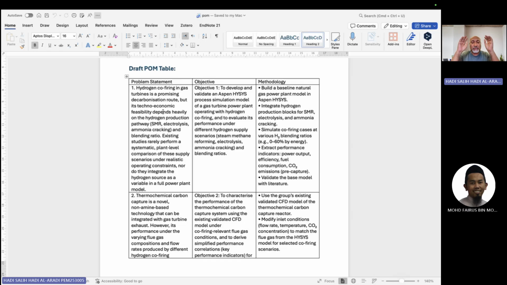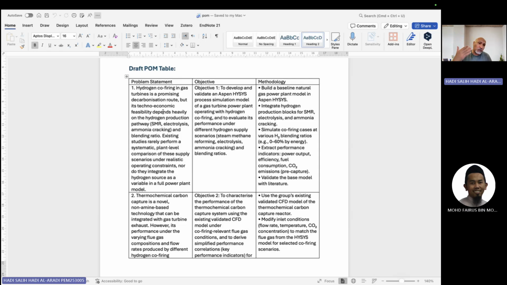I wanted to give a brief background about how to produce hydrogen, whether through SMR, electrolysis or ammonia cracking, and then after giving that background to the readers, we will choose the best or optimal solution, which is the right pathway to produce the hydrogen.